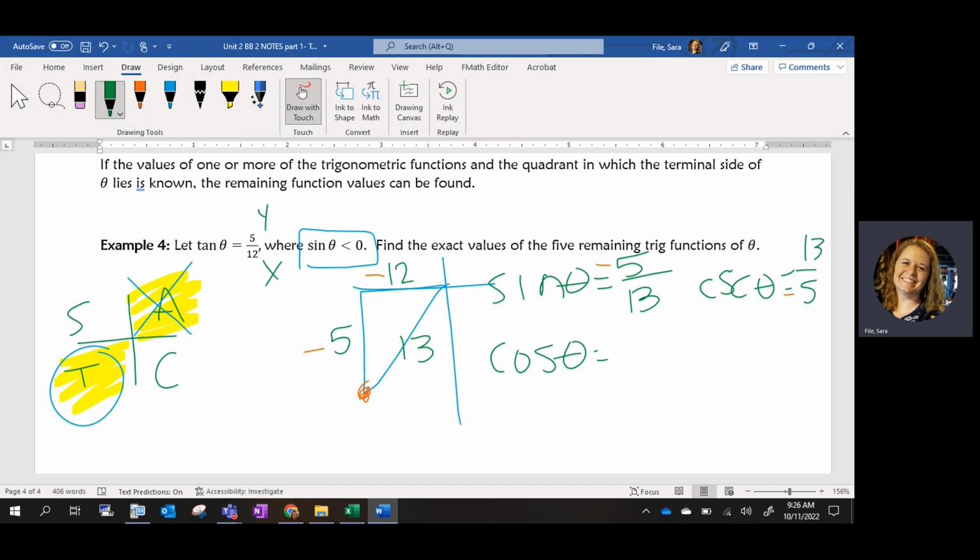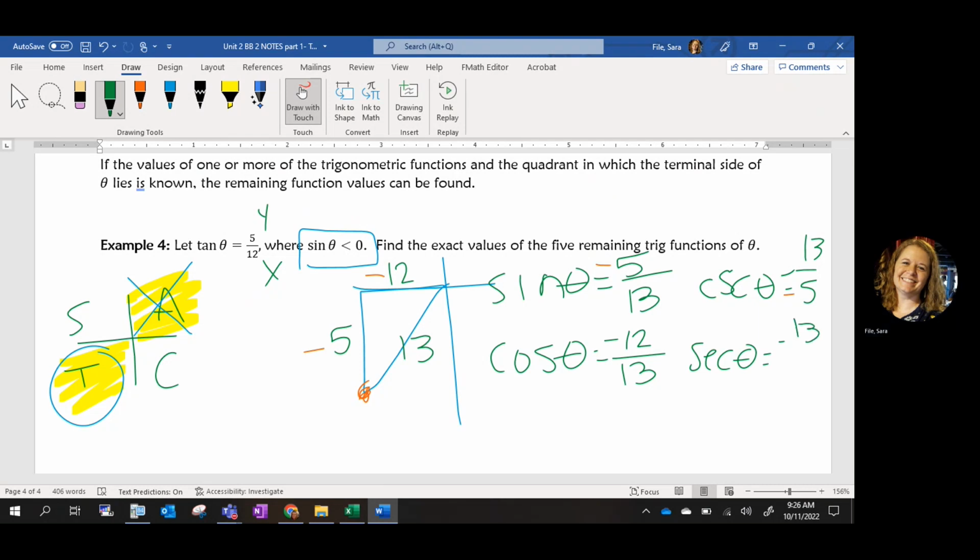All right, and then cosine is x, so negative 12 over r, which is 13. So that means secant would be the reciprocal of that, which would be negative 13/12. Let me write what I'm trying to write. Come on, there we go.